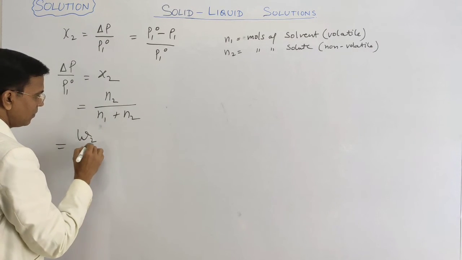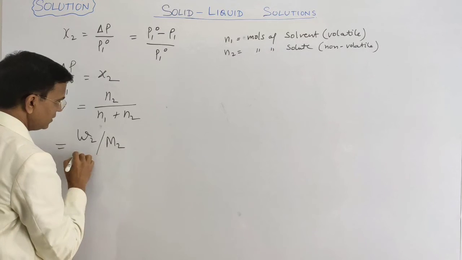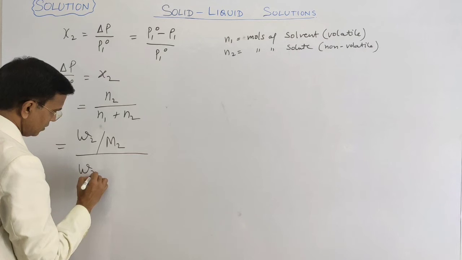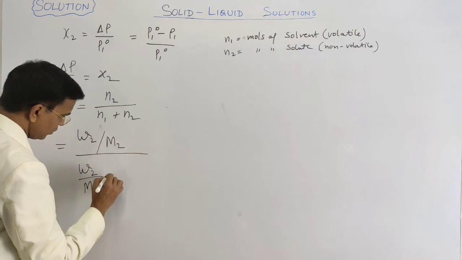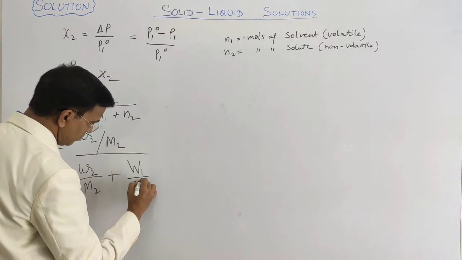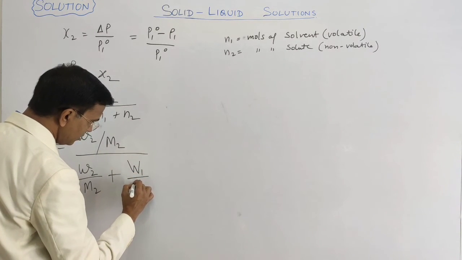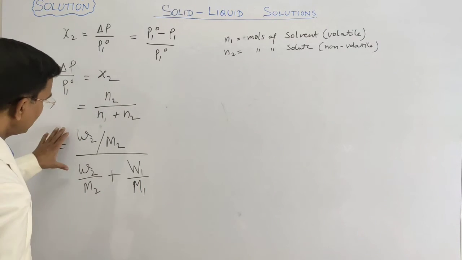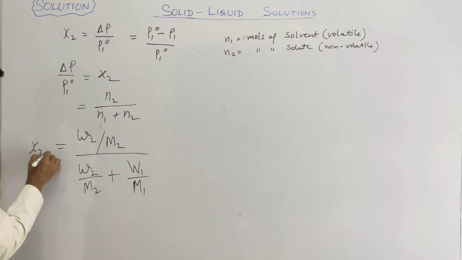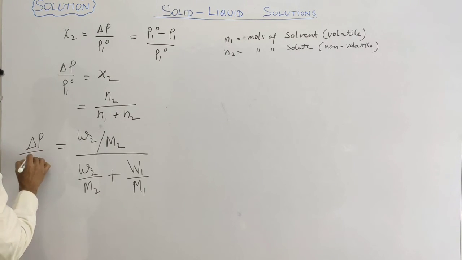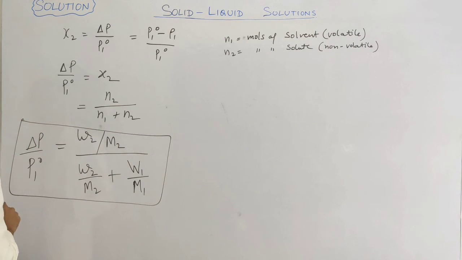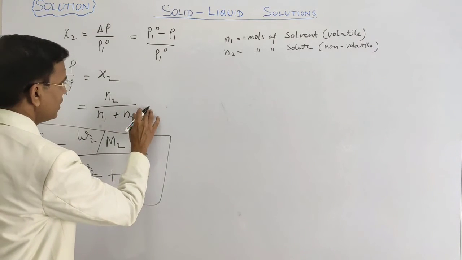So the formula may be expressed as ΔP/P1° = (w2/M2)/(w2/M2 + w1/M1), where w2 and M2 are the weight and molecular weight of the non-volatile solute, and w1 and M1 are those of the volatile solvent.